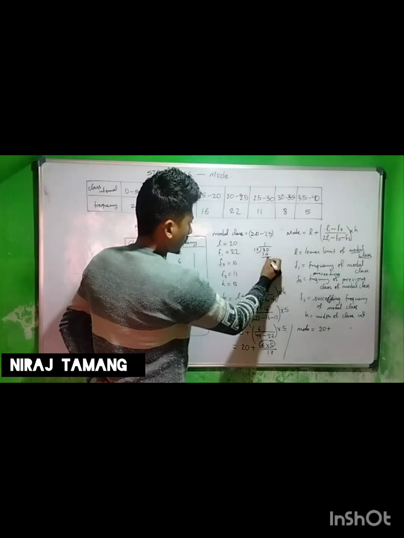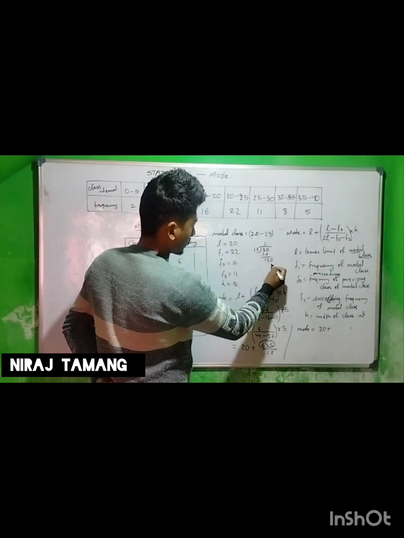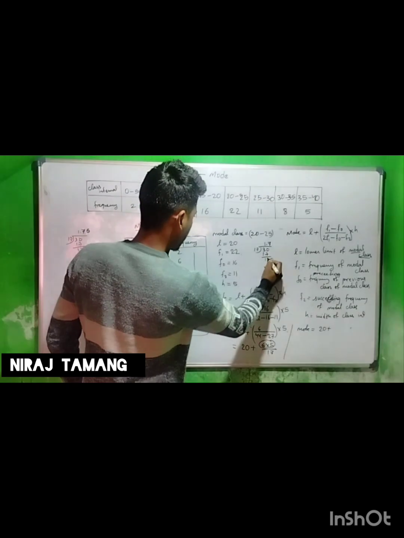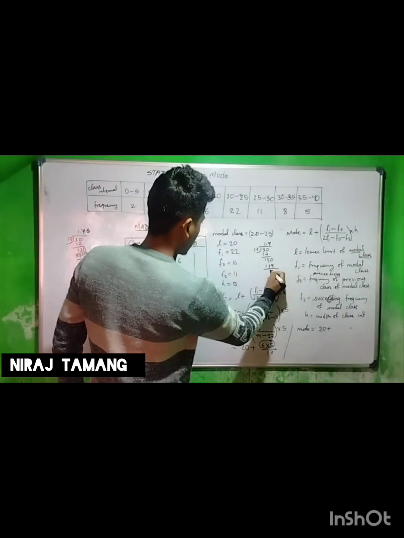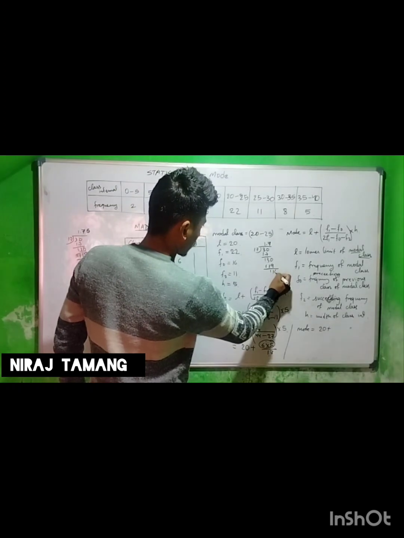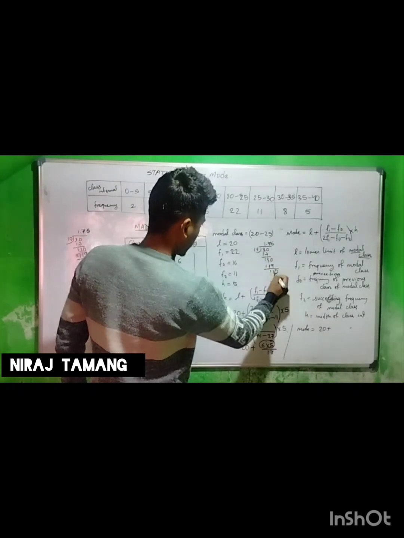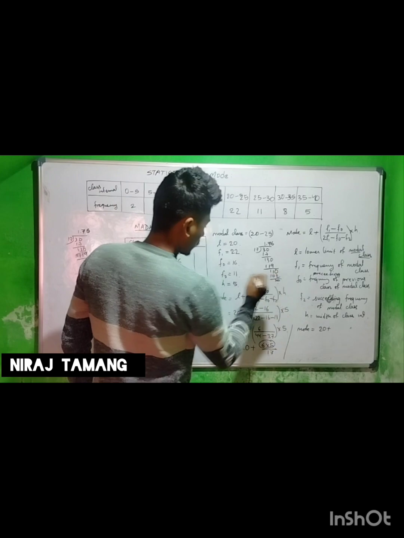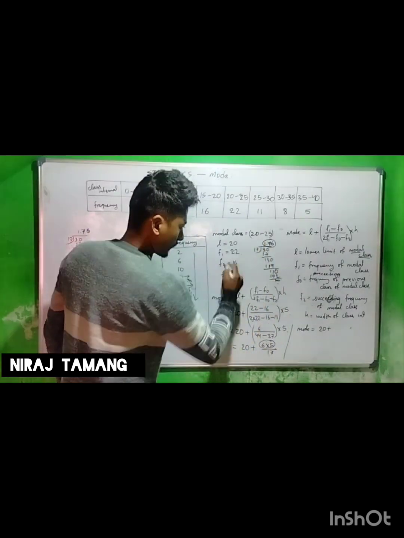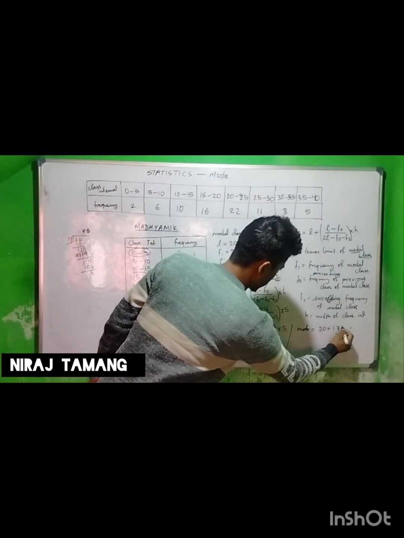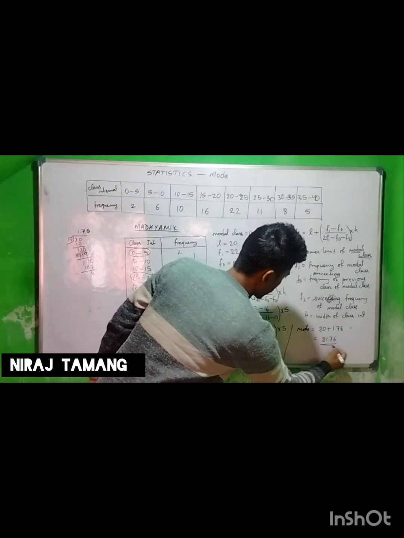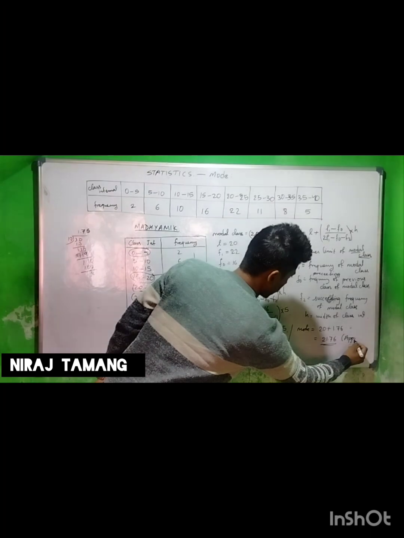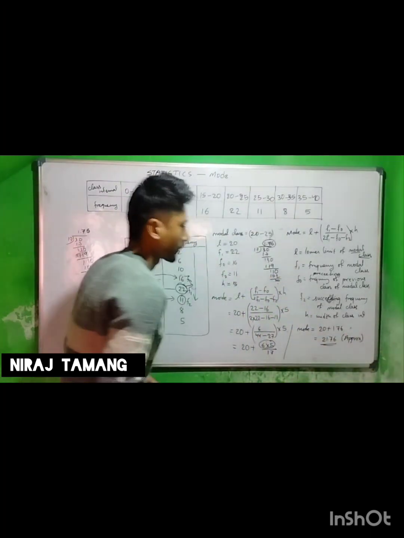So mode equals 20 plus 30 over 17. 30 divided by 17 gives us approximately 1.76. So 21.76 is our mode, which is an approximate value.